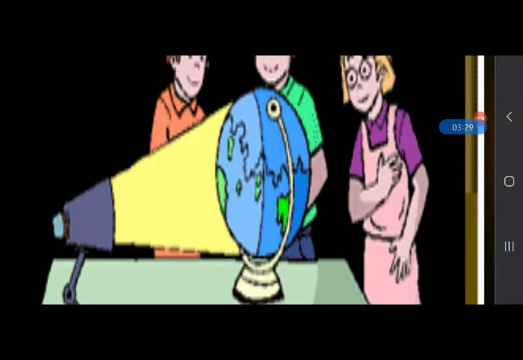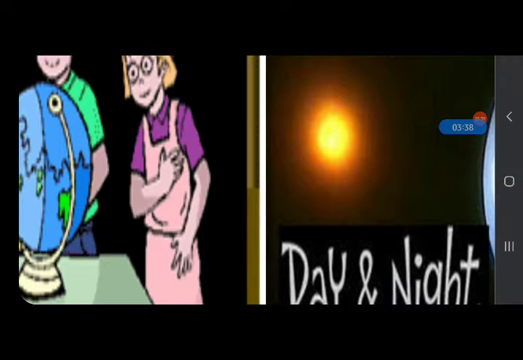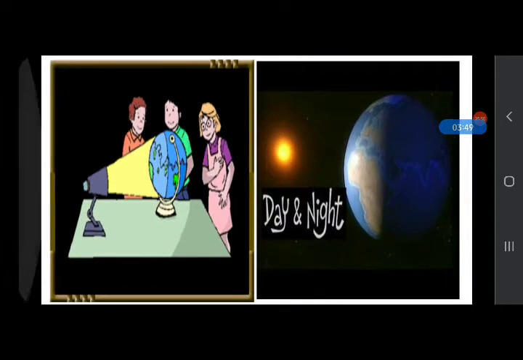You need to imagine that the part where the light falls is the part of the earth that has day, and the part that is away from the torch is dark. So this part of the earth will have night. When the globe is rotated, the opposite happens.